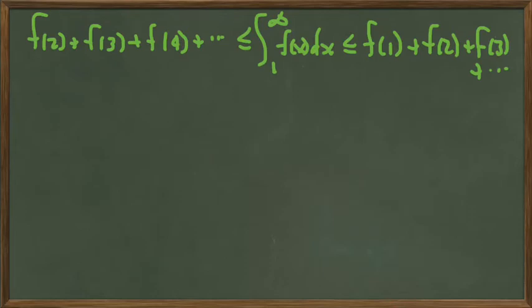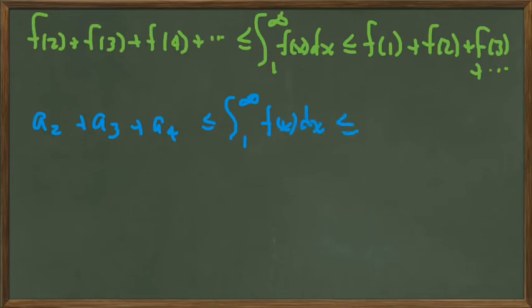We have what we had from the previous blackboard rewritten, and now let's give a different name to each of these function values. Instead of calling this f of 2, let's call it a sub 2, a sub 3, a sub 4, and that of course would still be less than or equal to the integral of f of x dx from 1 to infinity.